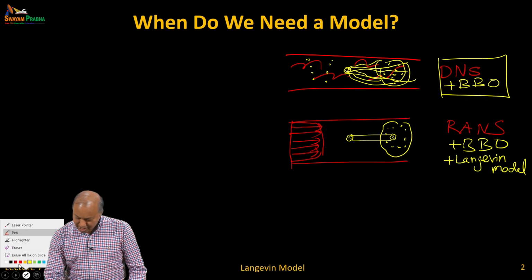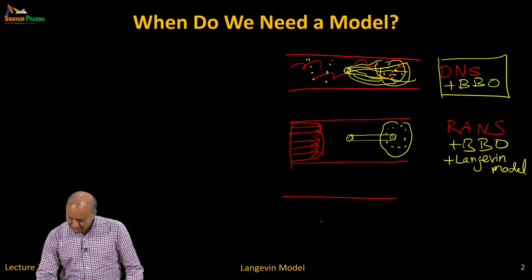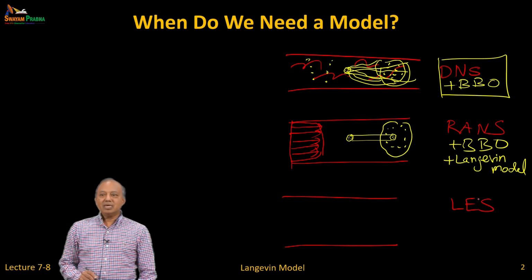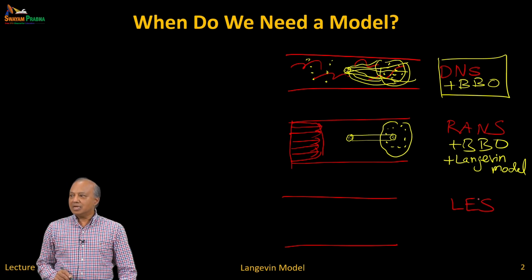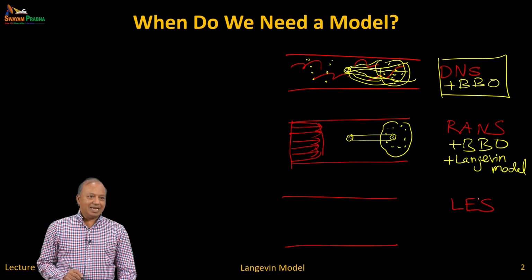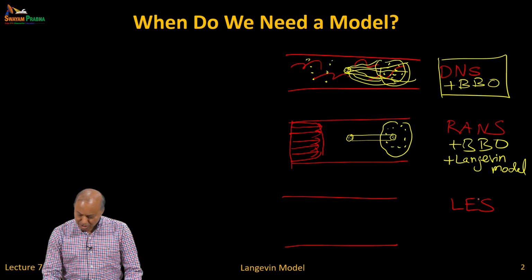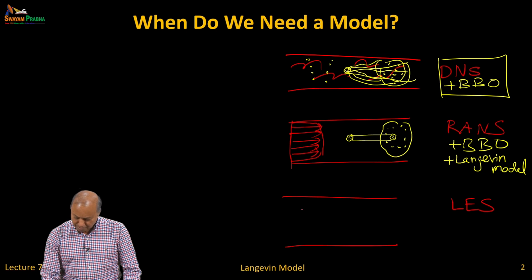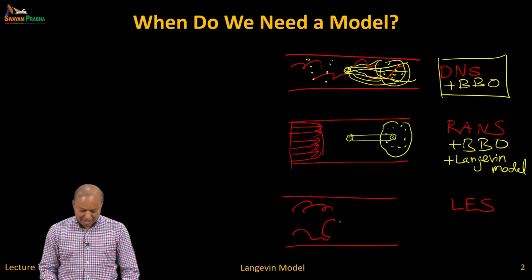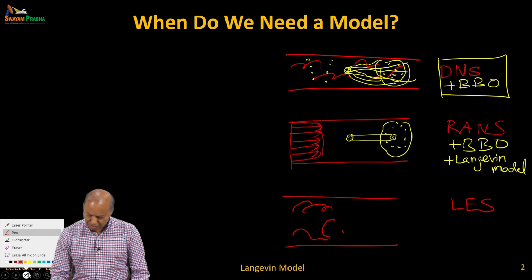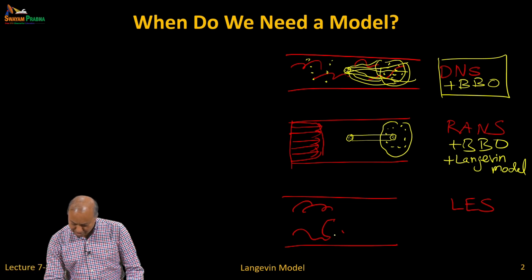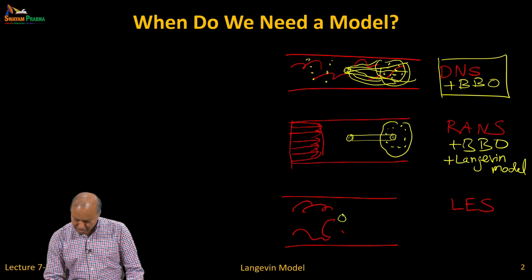Now we can also do halfway. You can say I have a channel, I'm doing LES because the Reynolds number is really large. You say I have accounted for all the large-scale eddies but not the small-scale eddies. So it's turbulent flow but not quite like a DNS. You couldn't afford to do a DNS, and we have the same problem of releasing a bunch of particles.